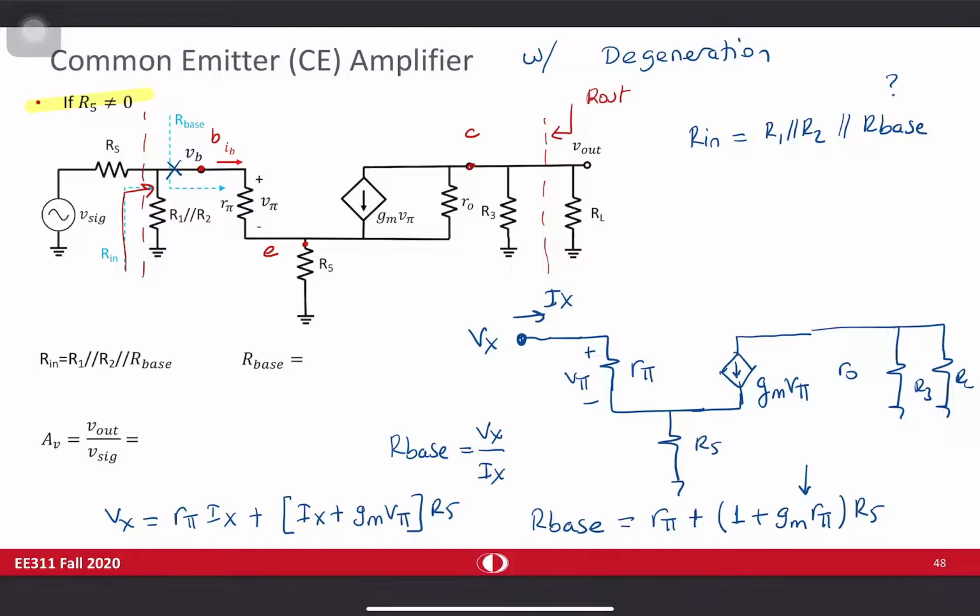Please look at here. That is IC divided by VT times VT divided by I base, which is beta. So you can simplify it. You can write R base as R pi plus 1 plus beta times R5.